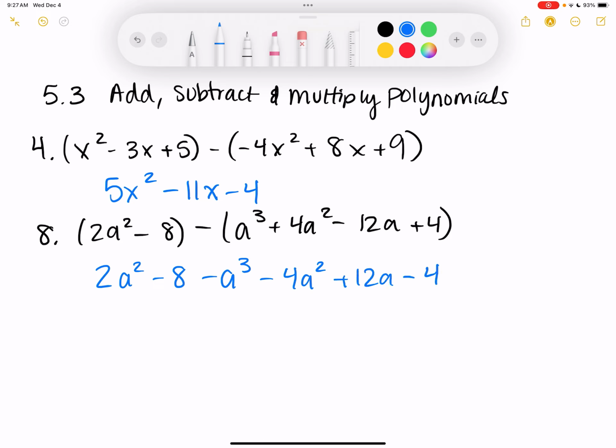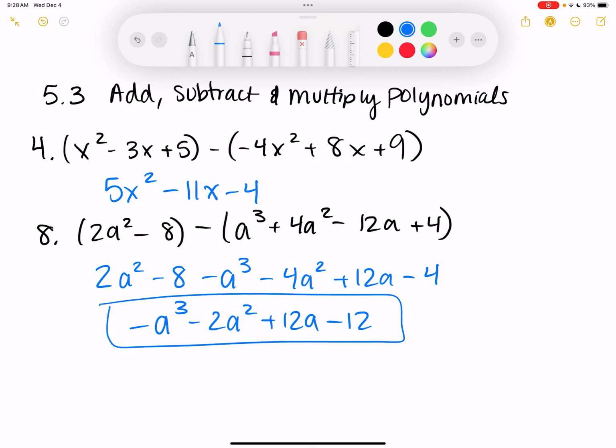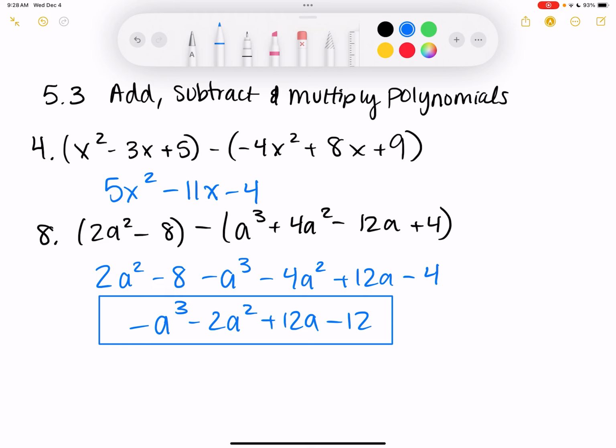And then combine like terms and write it in standard form, which would be negative a cubed, 2a squared minus 4a squared is negative 2a squared, plus 12a, and then minus 12. That is probably how I would do that one, so that you don't lose terms, because people often forget about the terms if there's not one of them in the first one especially.